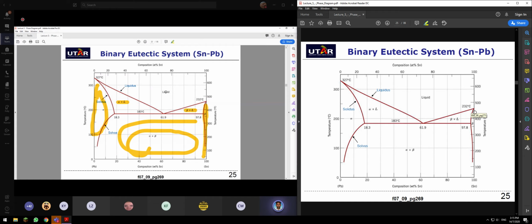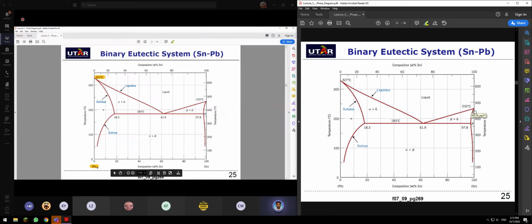This is the only region which is liquid, usually at higher degrees Celsius. 327 is the melting temperature for lead. 232 is the melting temperature for tin. Where your liquidus line and solidus line meet, that is the melting temperature, because here this is pure lead, this is pure tin. So much information, guys.